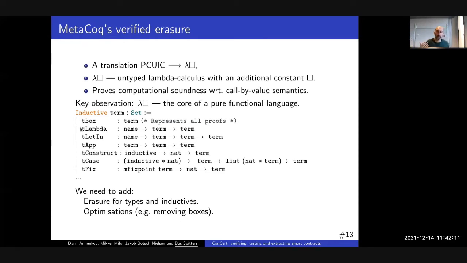So what we've added is erasure of types and inductives, because we're extracting to a typed language, and optimisations. The regular erasure gives us far too many boxes, and that's something that we need to remove.